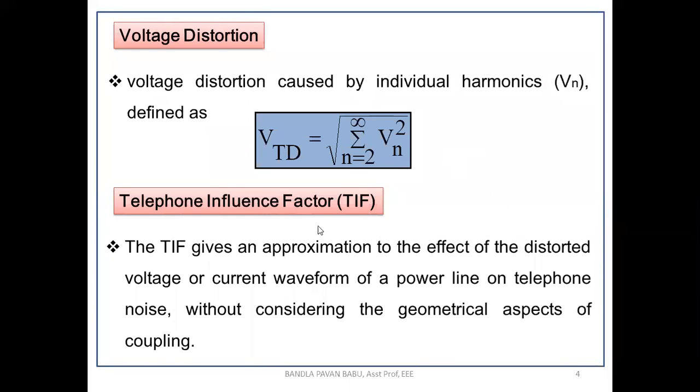Next, telephone influence factor, also termed as TIF. The TIF gives an approximation to the effect of distorted voltage or current waveform of a power line on telephone noise without considering the geometrical aspects of coupling.